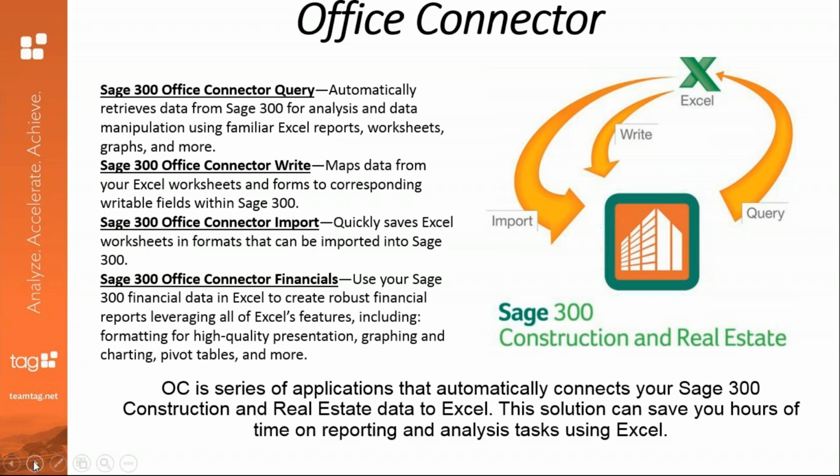So you can create a financial statement and say, I need to analyze my expenses for job costs, my cost of goods sold for material and subs. I see the number for material. Gee, that seems kind of high. I can double click on the number, it opens up another tab in that same spreadsheet, and it populates all the data from Sage that shows all those values. So it's a very quick way of getting information.